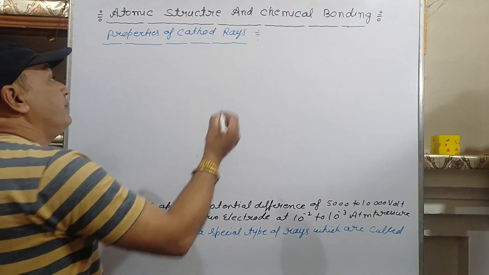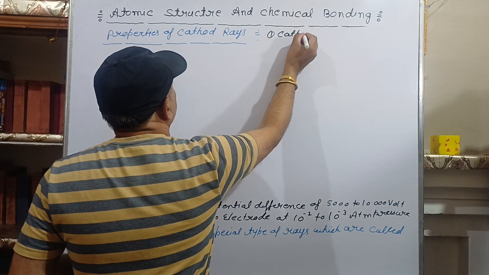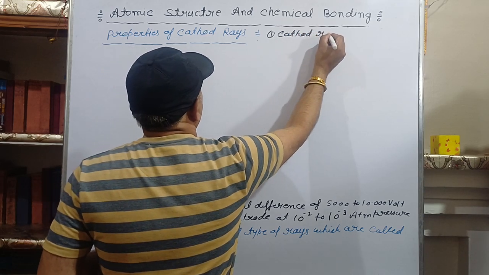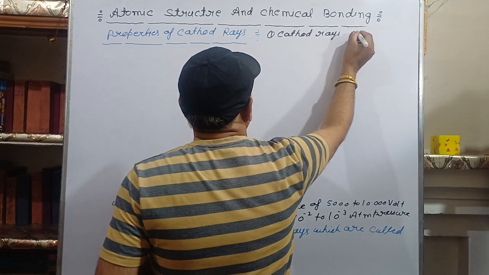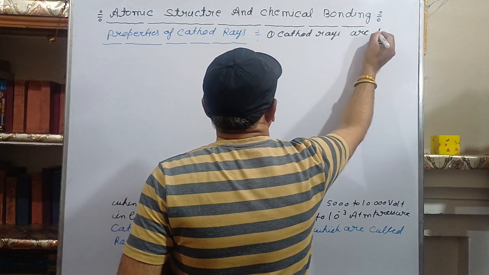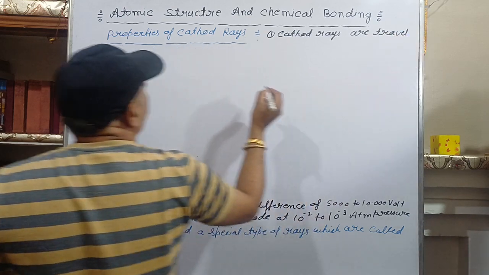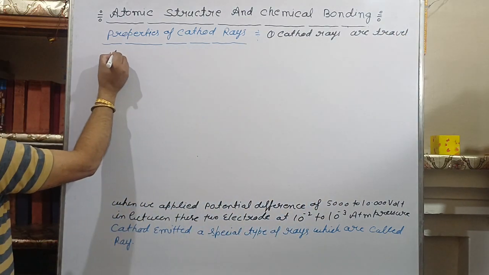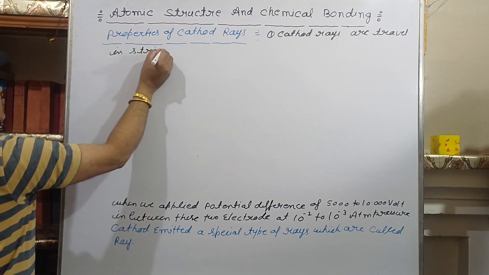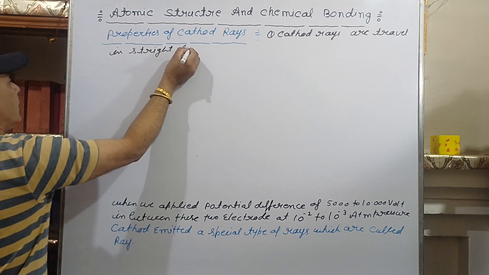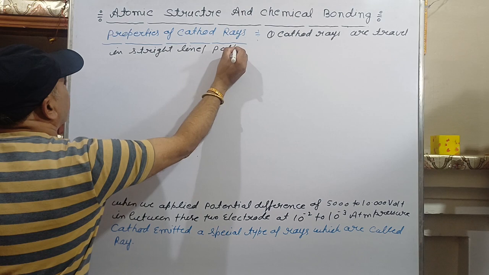So we can say cathode rays travel in a straight line or straight path.